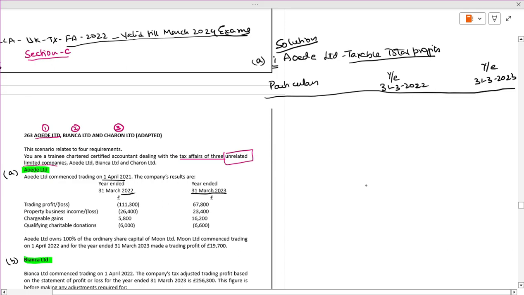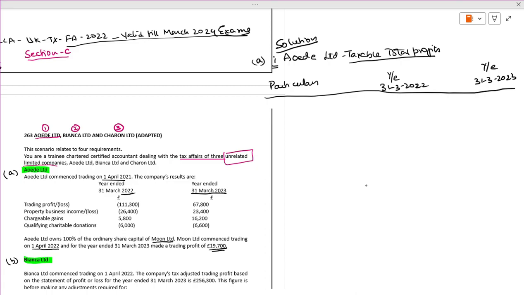Fine, chargeable gains are 5,800. There is a qualifying charitable donation as well. Aoede Limited owns 100% of Moon Limited, a subsidiary. Moon Limited commenced operations from 1st April and made a trading profit.